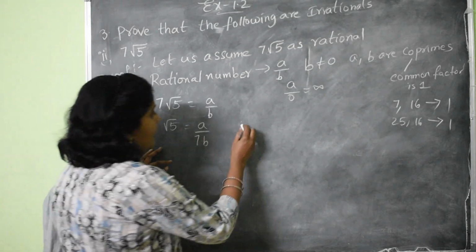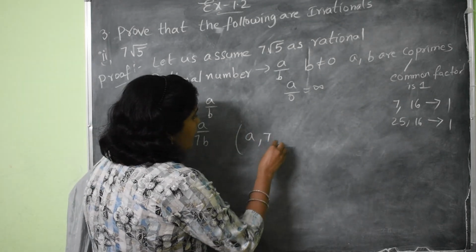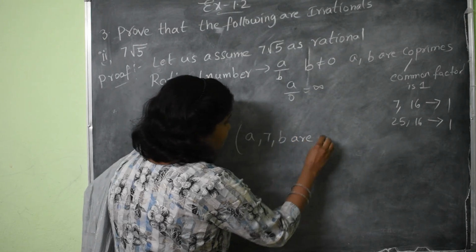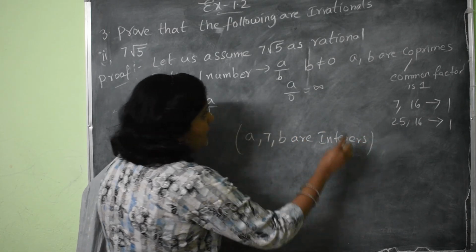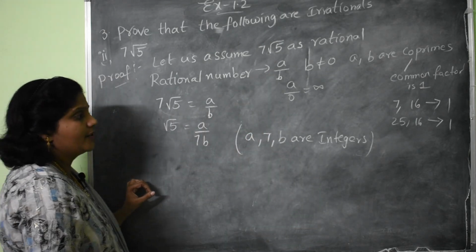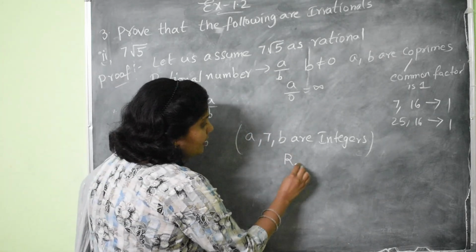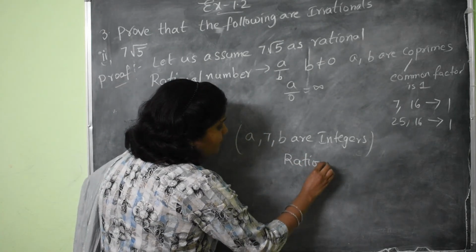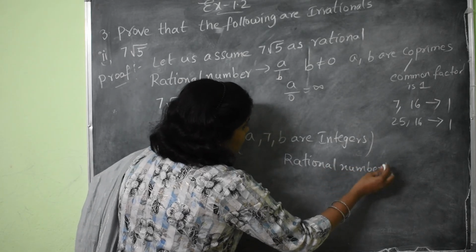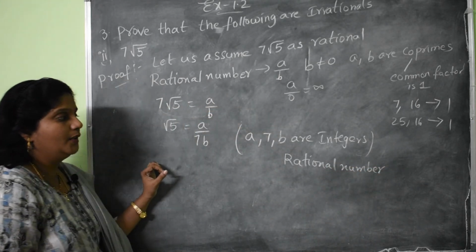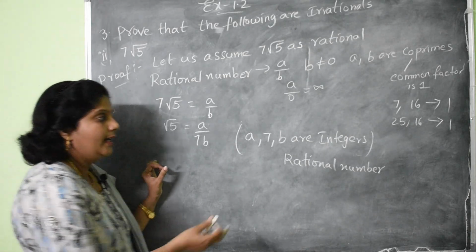Here a, 7, b are integers, and integers come under rational numbers only. All real numbers are divided into two types, rational and irrational.